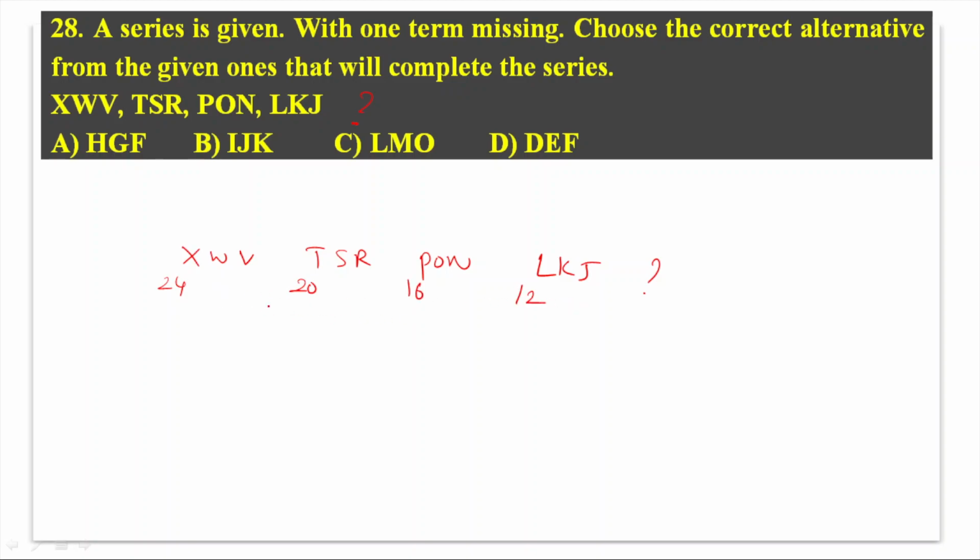If you observe, there is one pattern here: all are decreased by 4. Similarly here also, decreased by 4. So 12 minus 4 is 8. What is the letter with place value 8? H. So the first letter must be H. H is present only in one option, so my answer is directly option A. Likewise, you can check the remaining options. Anyway, we'll get this answer as HCF only.